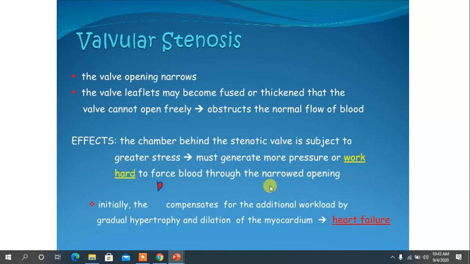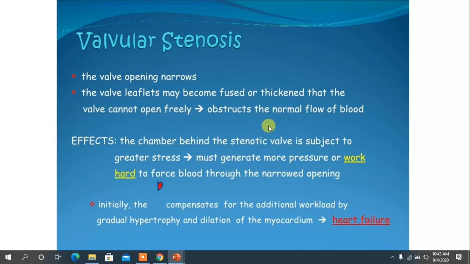The chamber behind is affected. For example, if there is aortic stenosis, then the left ventricle has to generate more pressure to push the blood from the aortic valve into the peripheral circulation.